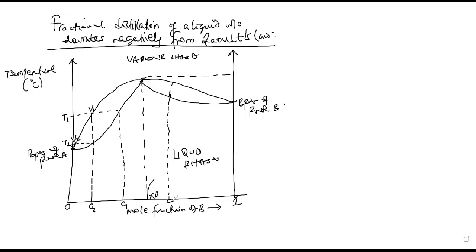If you have liquid of composition C3, if boiled, it will boil at maybe a temperature T3, giving vapor V3, which when condensed will give liquid of composition C4, similar to that of the vapor, and repeated these procedures take place.